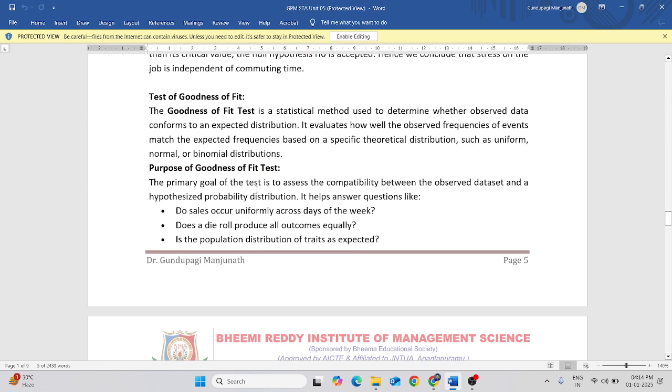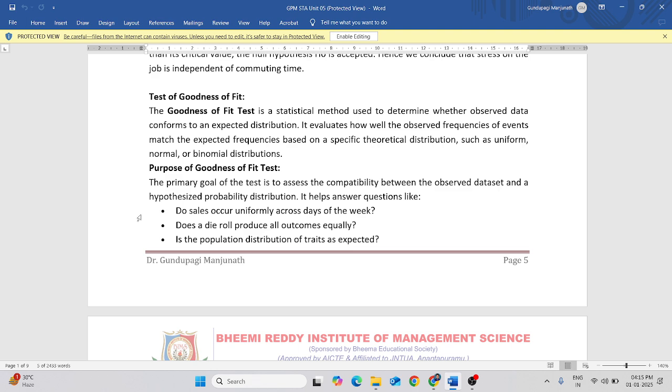So we have another topic here, the test of goodness of fit. We use this to determine whether observed data conforms to an expected distribution.